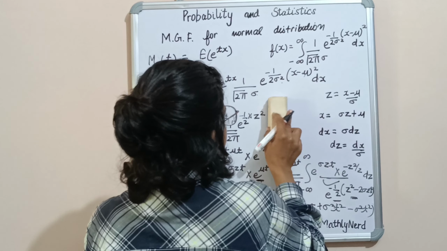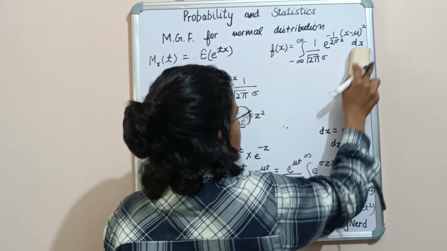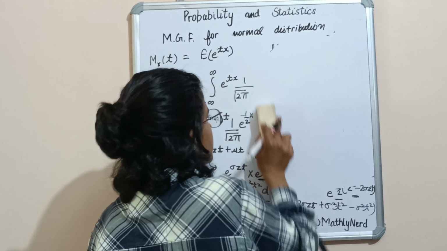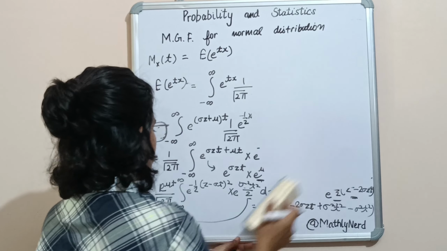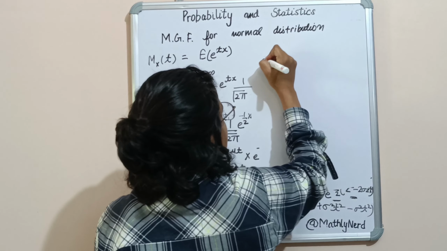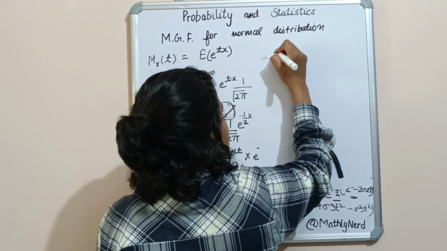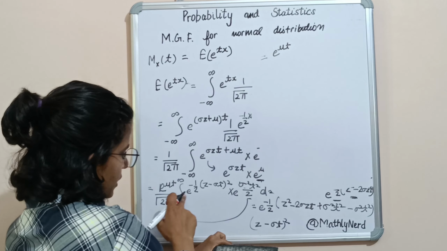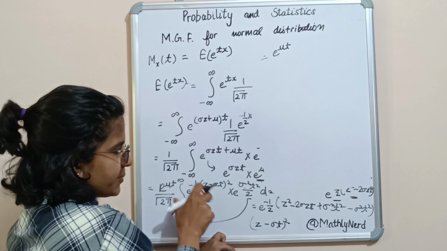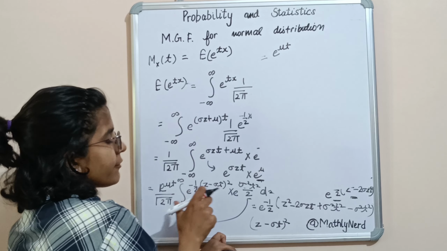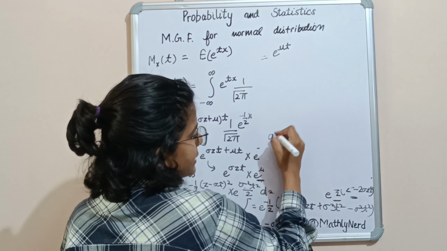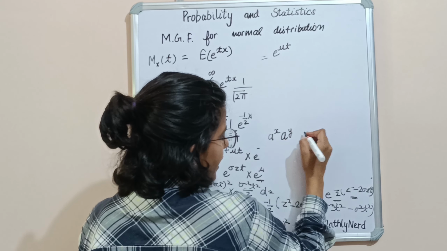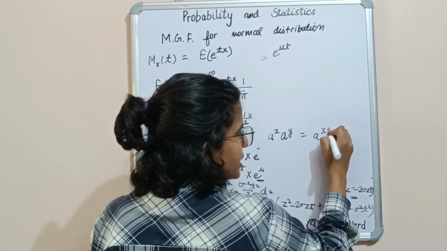So this will be equal to e raised to mu t plus sigma square t square by 2, because these two are in multiplication, and a raised to power x into a raised to power y equals a raised to power x plus y.